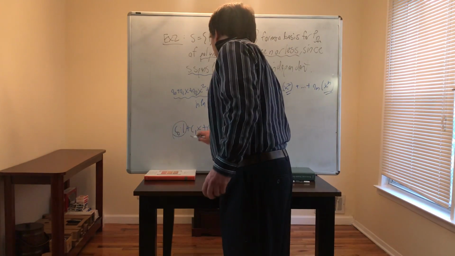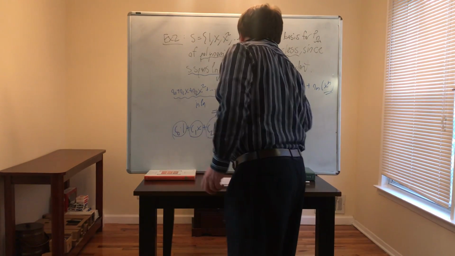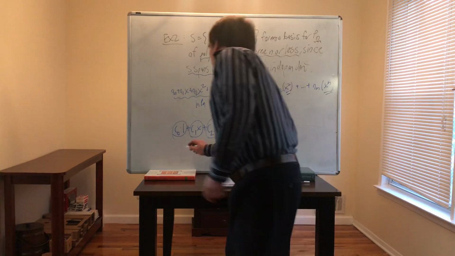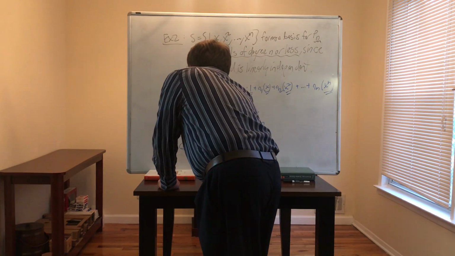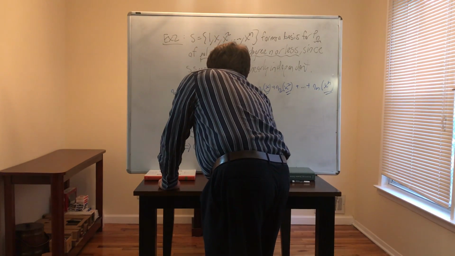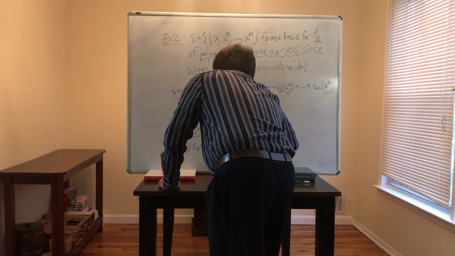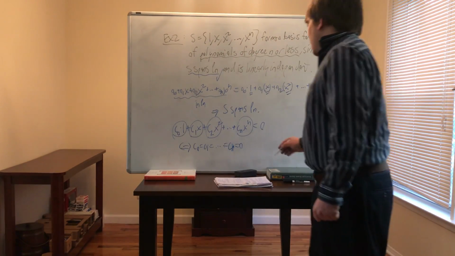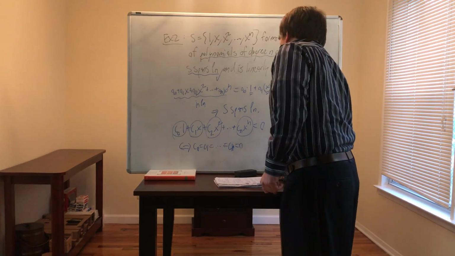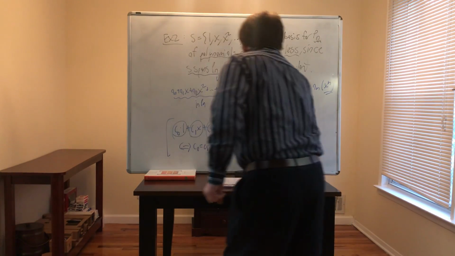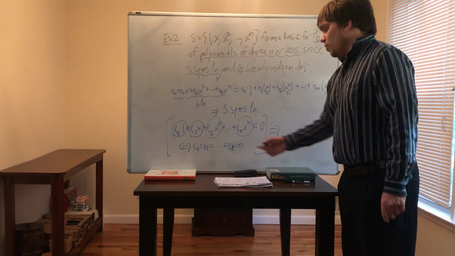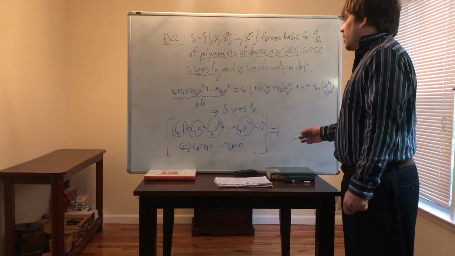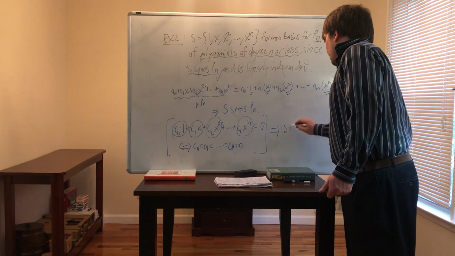This would have to be 0, and this, and all the ones in between. And that's equivalent to saying all the c values are equal to 0. And so as that is the only solution, that implies that S is linearly independent.